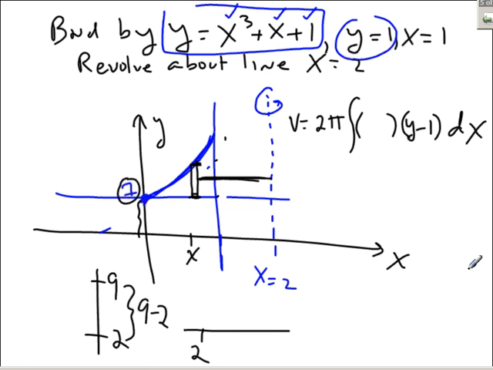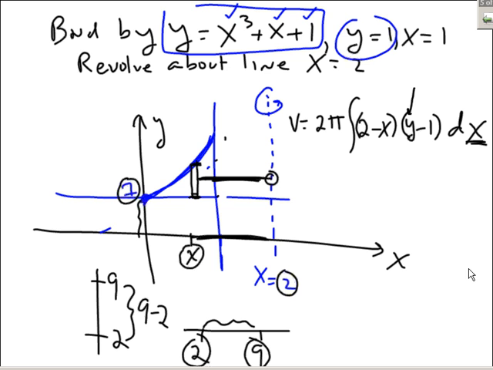If you go from 2 to 9, how do you find out how long this is? It's the right end point minus the left. It's the right end point minus the left end point. It's 2 minus x.